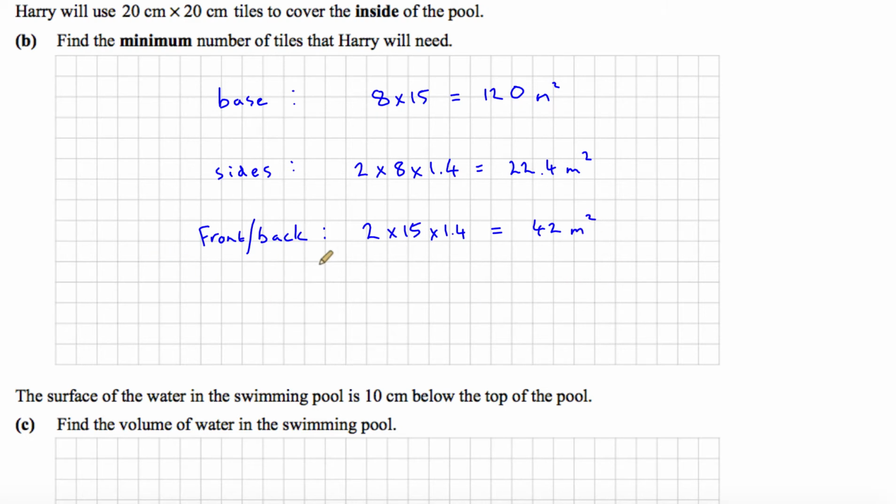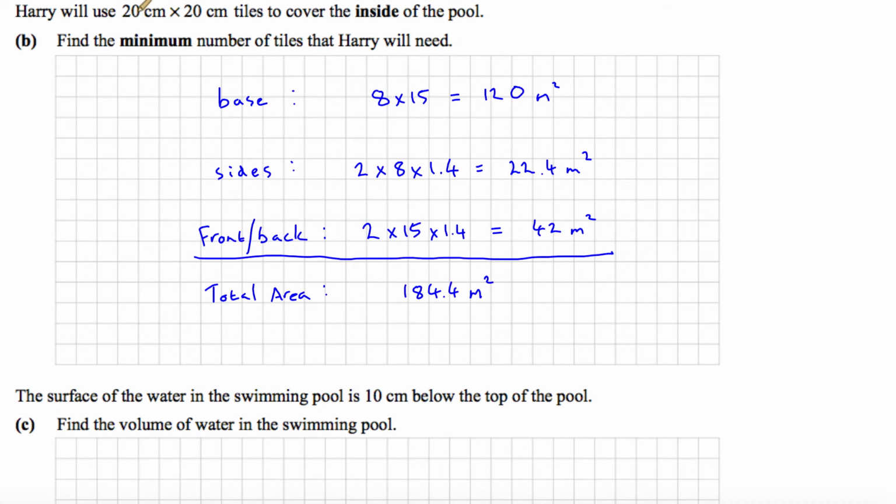Okay, so then we want our total area. So that's going to be 120 plus 22.4 plus 42. So on the calculator that gives us 184.4, and that's meters squared. So that's the total area that needs to be tiled.